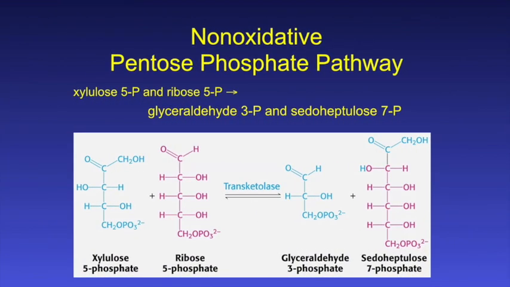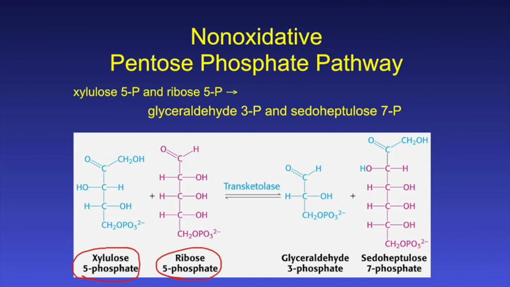And so, to go down the non-oxidative pathway, we use one ribose 5-phosphate, and then we use the ribose equivalent of xylulose. It's because the enzyme has to have the right orientation of the hydroxides to do the reaction.